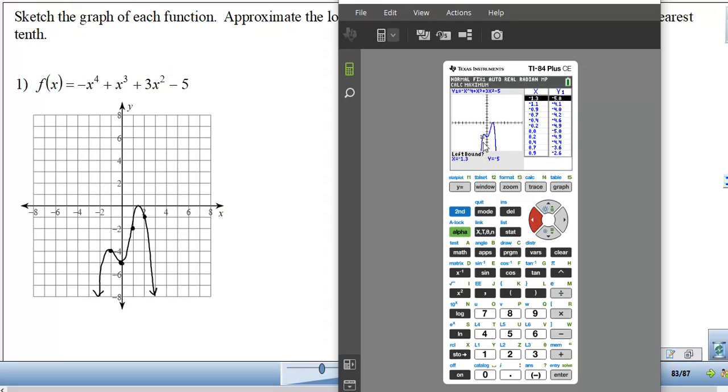You don't have to go very far left. Once you get your cursor there, you can hit enter. Then it says to go to the right. Move your cursor to the right of the point you want to find and hit enter. Now it says guess. You're not going to do anything except hit enter. And when you do that, you'll see the word maximum, which means you're done with this process. This particular point is at negative 0.9, negative 4.